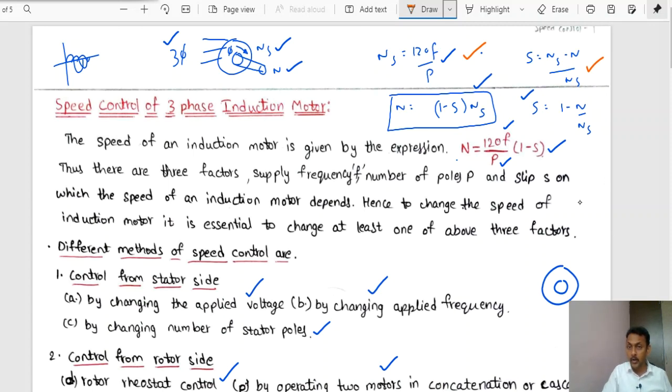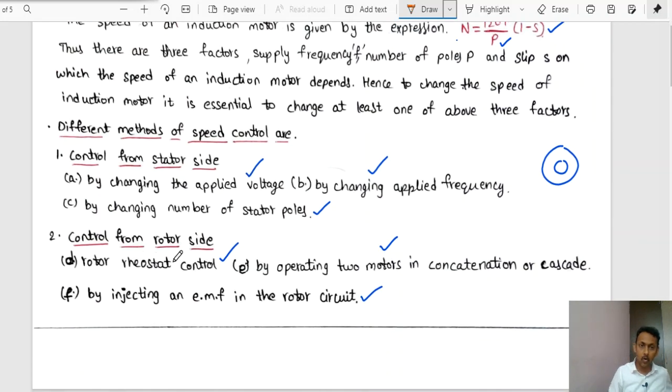The speed of the rotor in terms of synchronous speed for an induction motor can be written as N equal to (1 minus S) into Ns. In place of Ns, 120F by P is to be substituted. So either by changing the supply frequency, or by changing the poles, or by changing the slip, the speed control can be achieved. And if it is from the stator side, we can change the applied voltage, the applied frequency, or the number of stator poles.